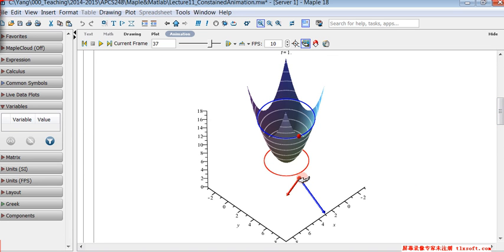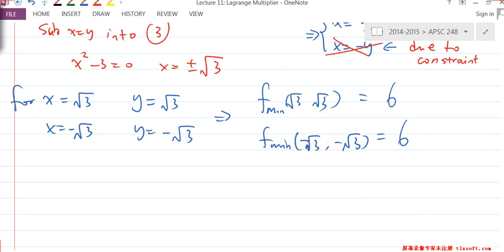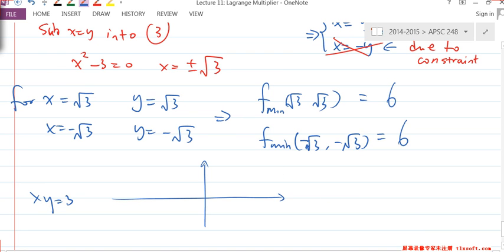Now watch the bottom dot. The bottom dot is xy equal to 3. So now you probably should consider what is the drawing of xy equal to 3? It's actually what? Right? That's the drawing of xy equal to 3. And this is in the xy plane, right?